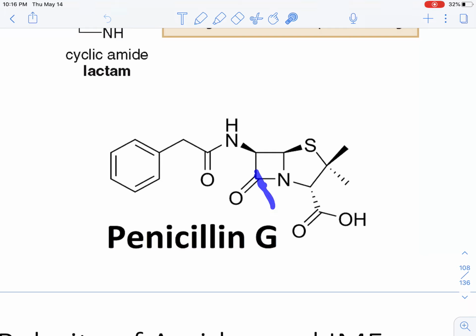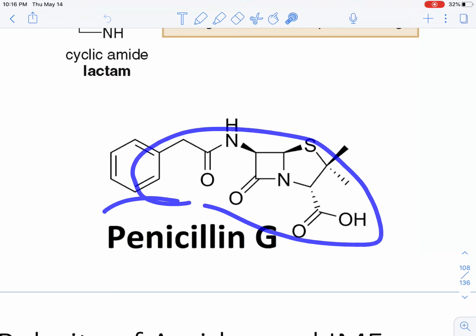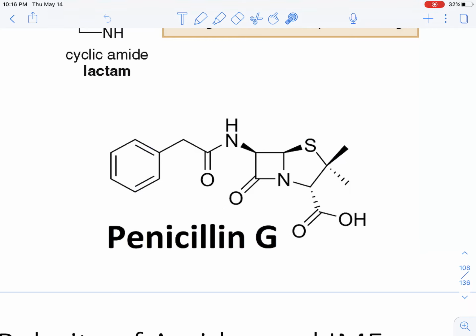That covalent bond keeps the penicillin inside the active site of the transpeptidase.